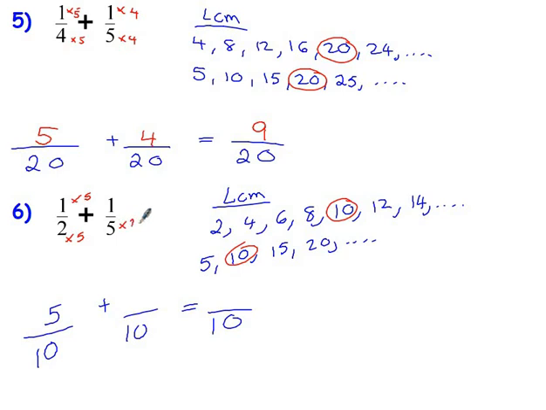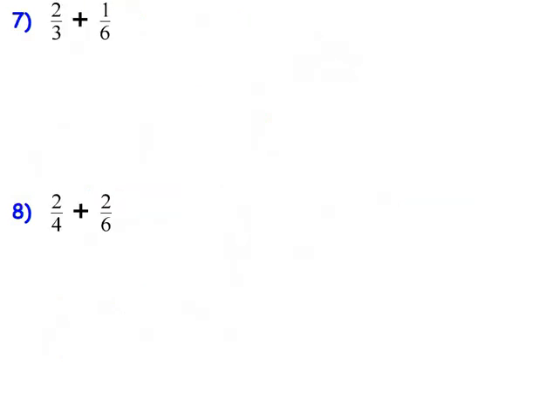Well, it's 2, so you times it by 2. 1 times 2 is 2. Add the numerators, 5 add 2 gives us 7. So you are left with 7 over 10.